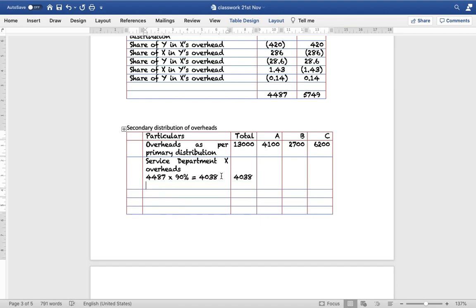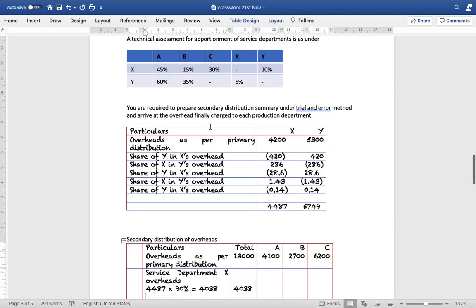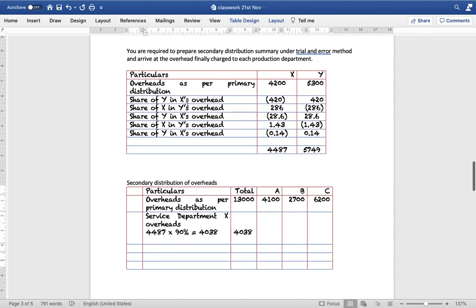So this 4038 should be shared in the ratio of 45:15:30. Otherwise 9:3:6.